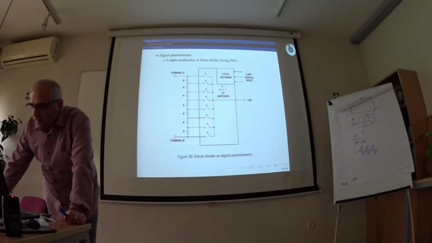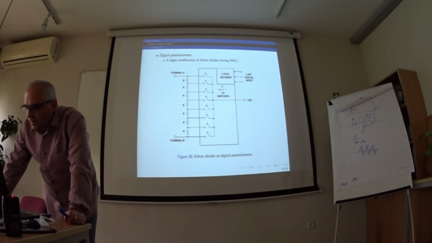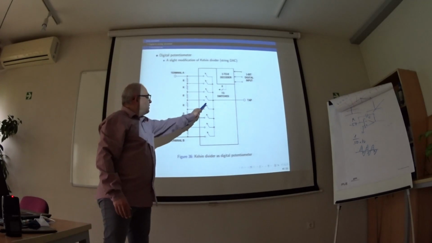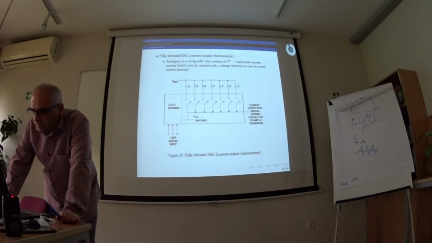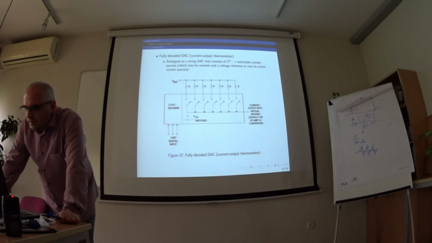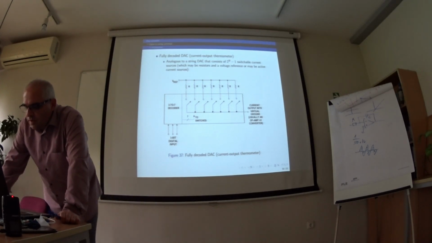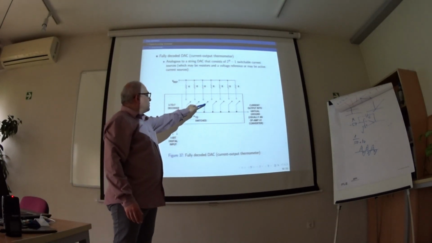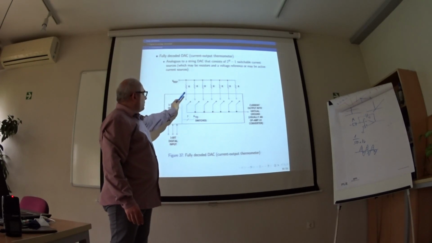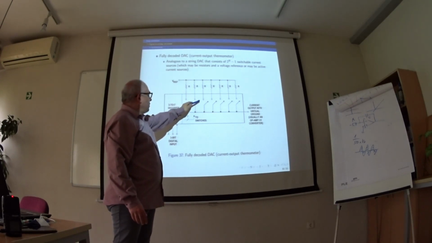We have a version of the Kelvin divider. We call this digital potentiometer. We have a tap here. And fully decoded digital to analog converter. We have many equal resistors. We can switch some of these switches, not just only one, but we can switch more of them.